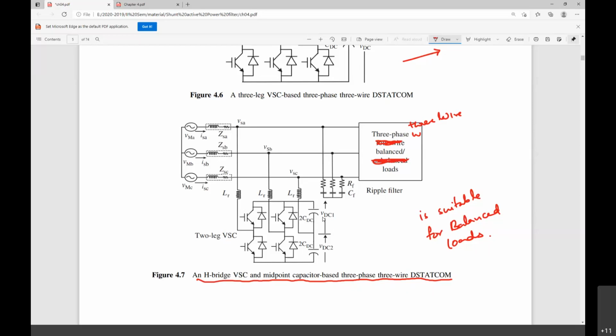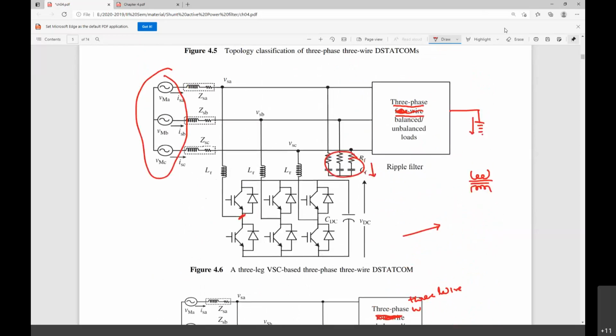Because why I was telling was, in this case, if you have an unbalanced component of the currents, you have circulating currents in the filter currents IFA, IFB and IFC.